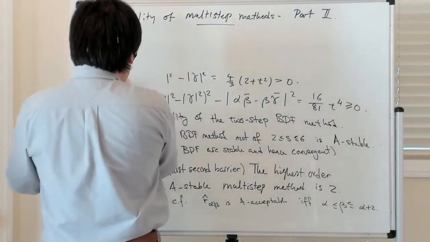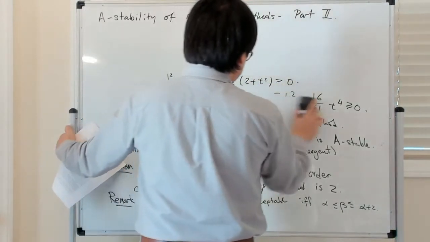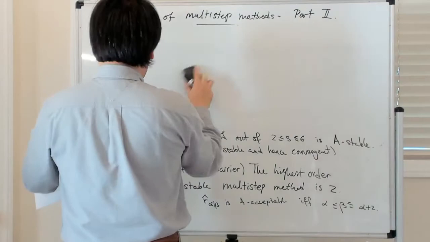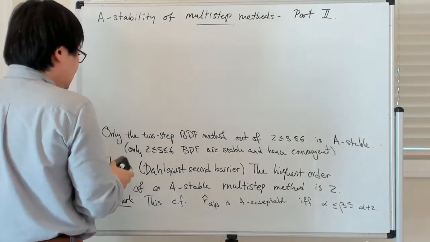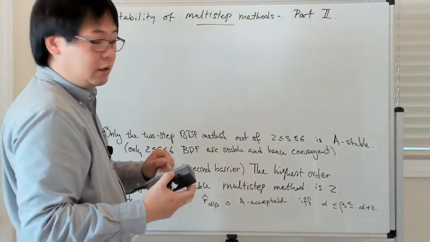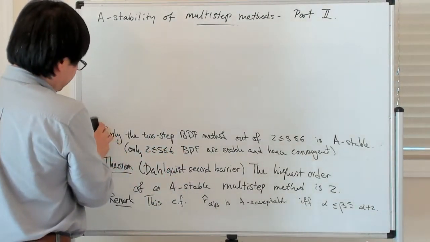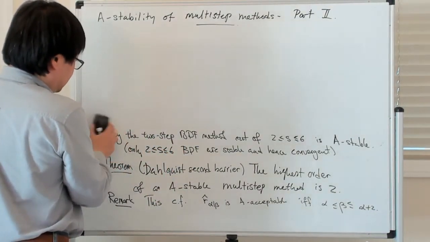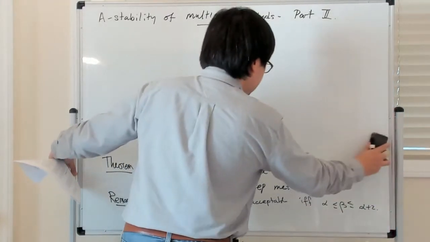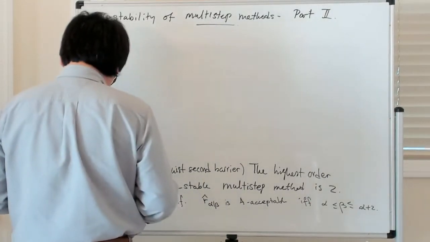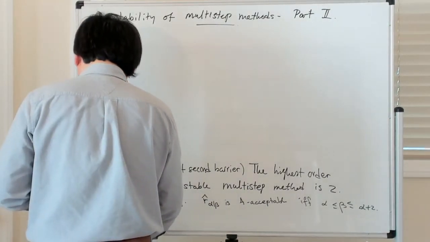What I mean is the following. Even though, for example, the 3-step BDF method is not A-stable, its stability region does contain a very big part of the left half of the complex plane, just not the entire left half plane. So let me introduce this idea.